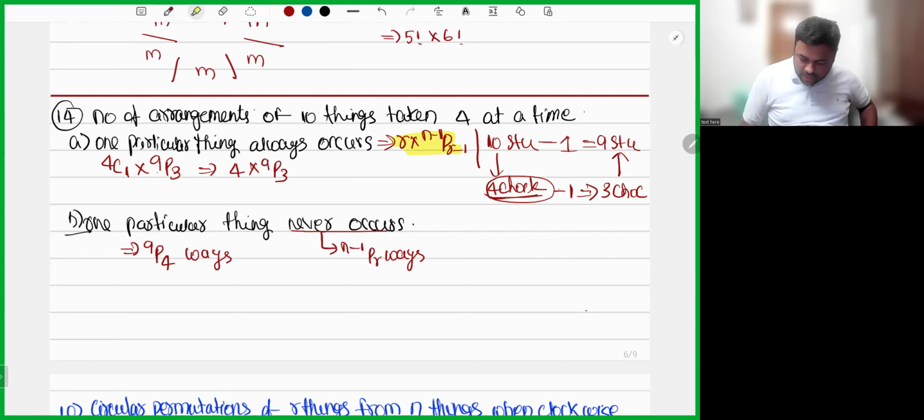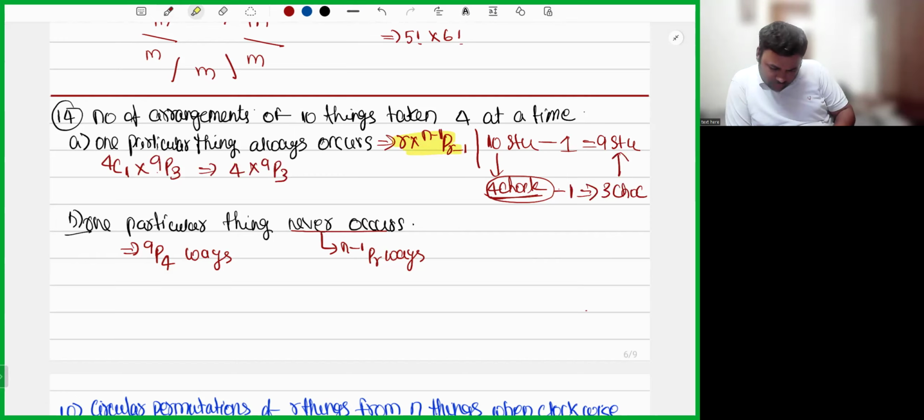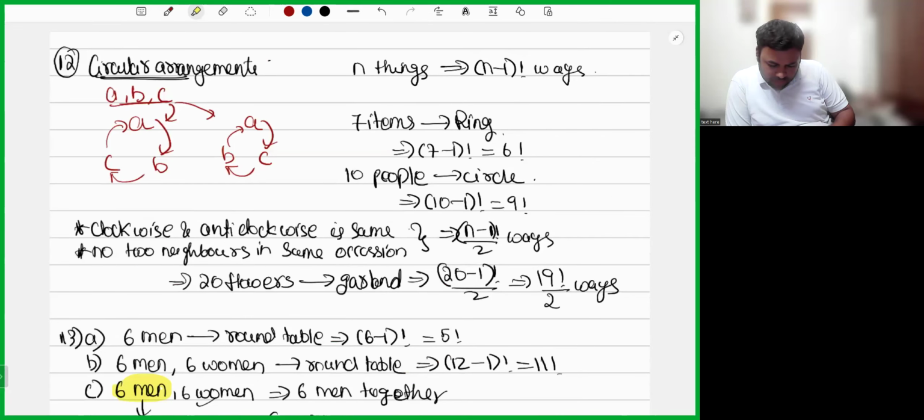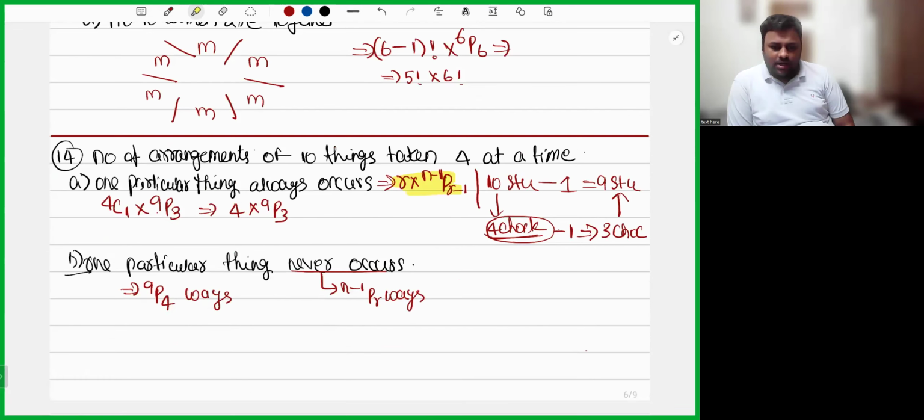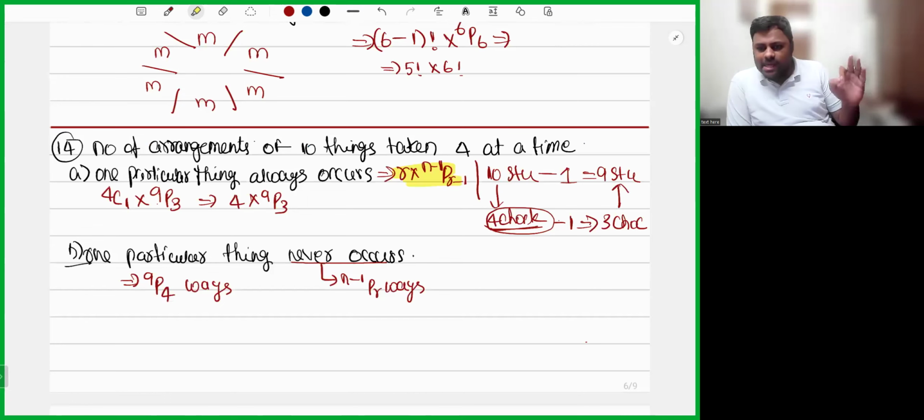Understand this case once again. One particular thing always occurs. For one student, I'll always give him a chocolate, no matter what. So from 4 chocolates, I've selected one chocolate in 4C1 ways, given it to that student, and told him to go away.